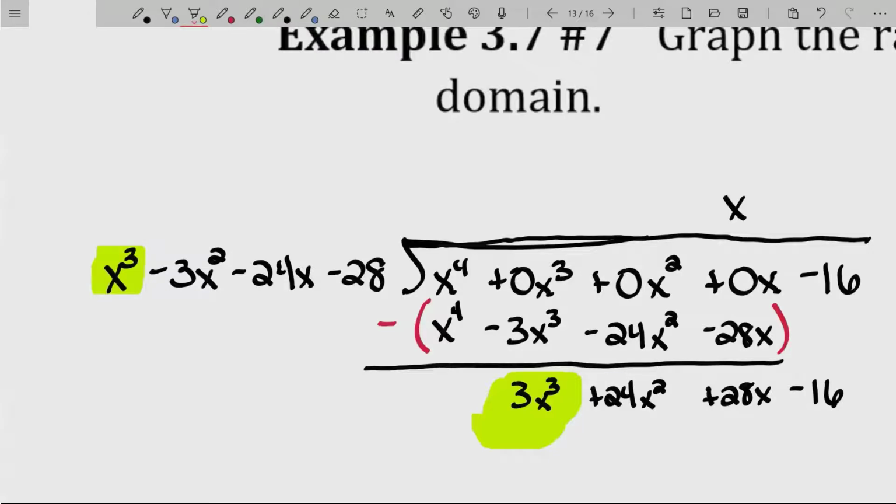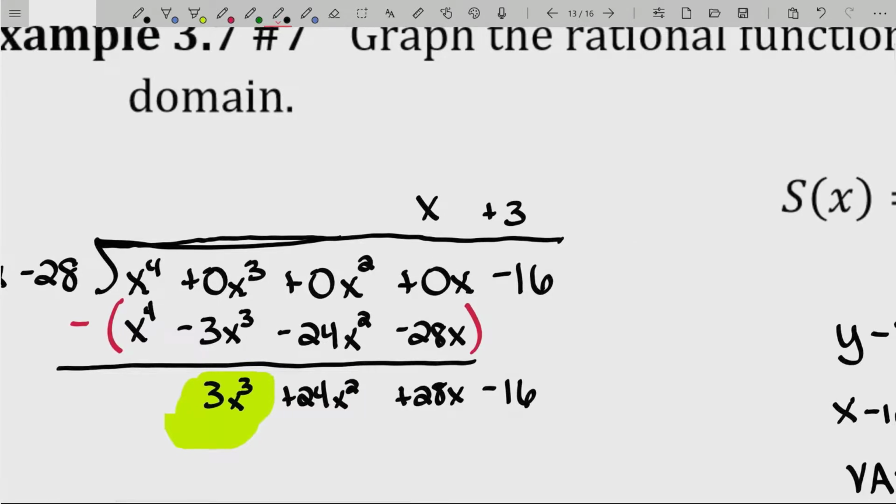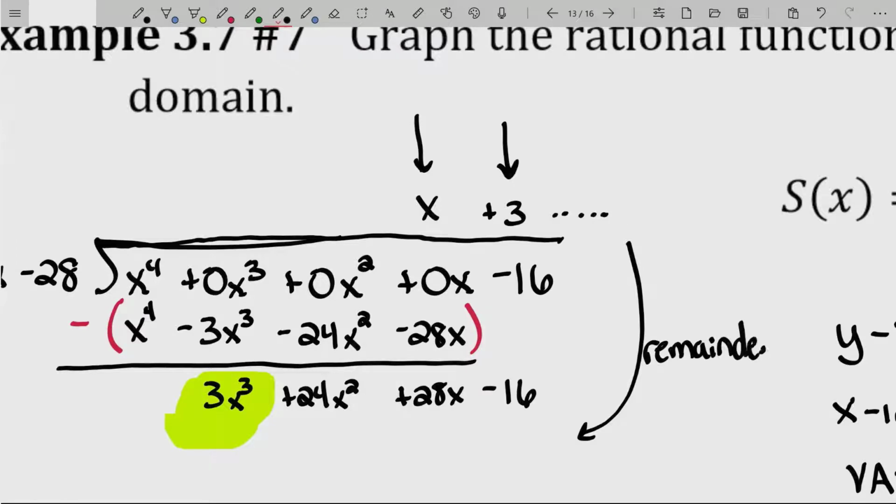Well, that goes in 3 times. We totally know that. And notice, at this point, I have found the linear term and the constant term. Anything after this is just going to be a remainder. So I don't need to go any further. That's a little trick to doing this.